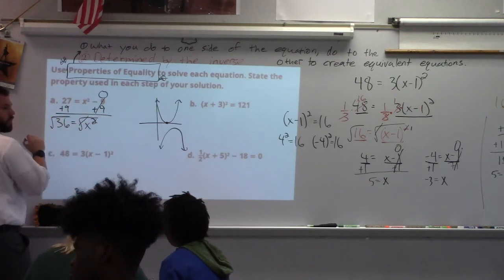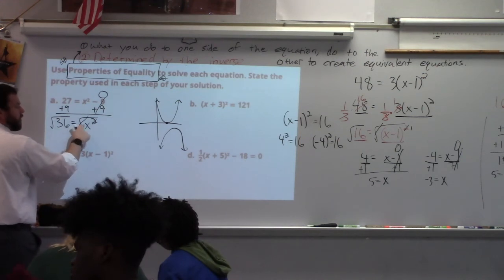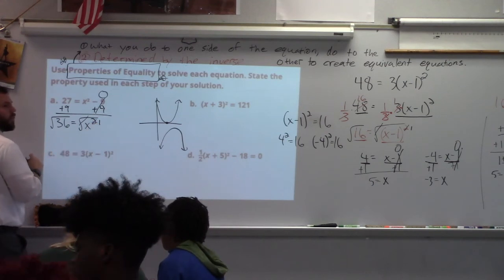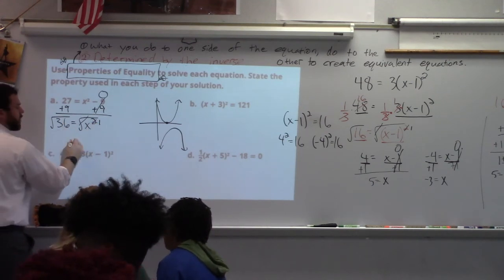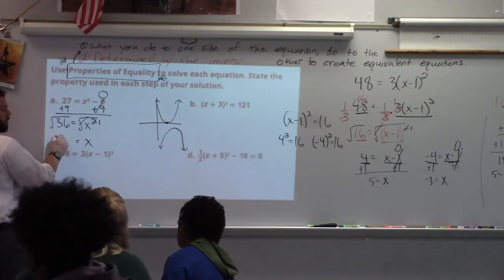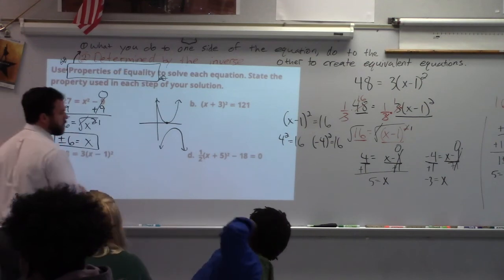Square roots and squares are inverses, so I'm creating an exponent of 1. And x to the first is x. But because I took a square root, how many solutions? 2. Plus and minus 6, okay?